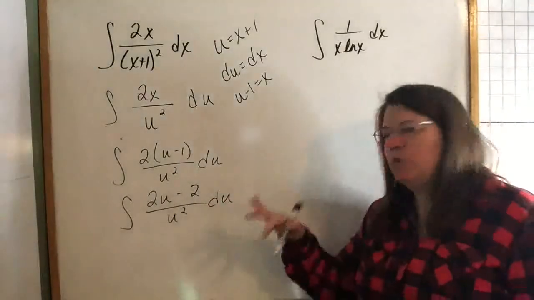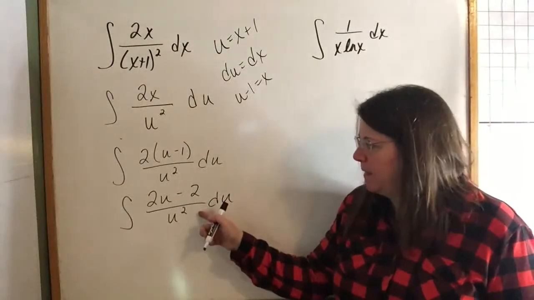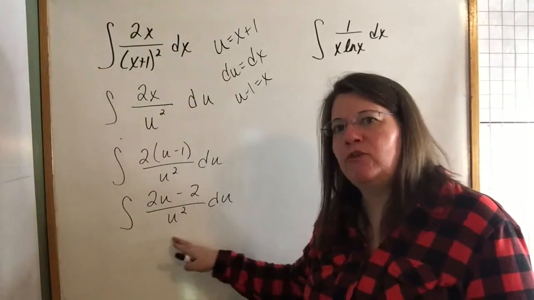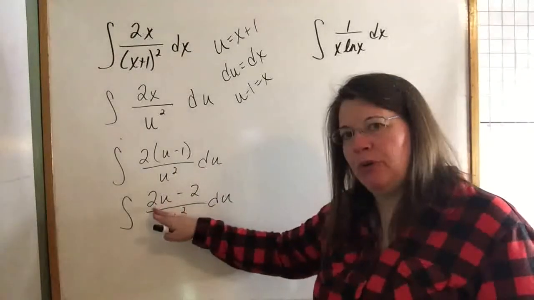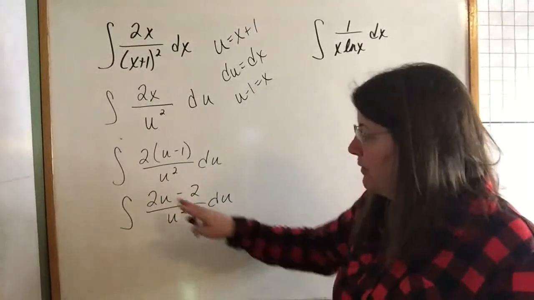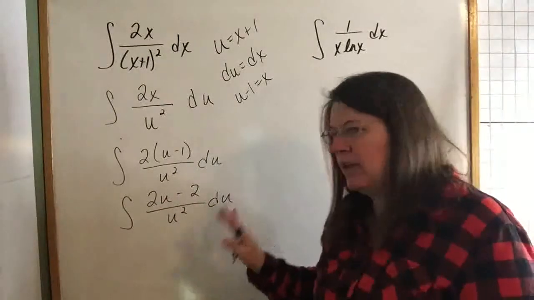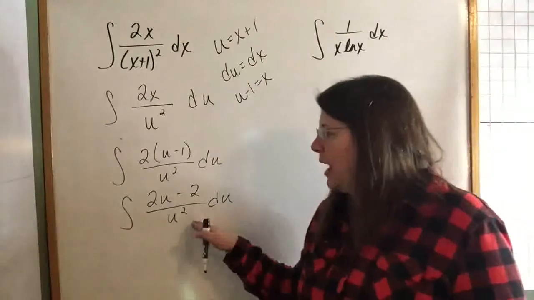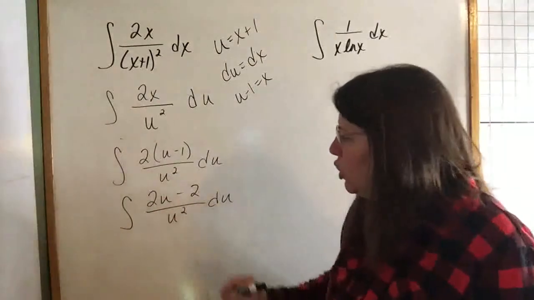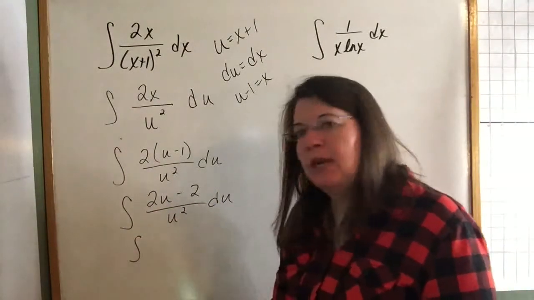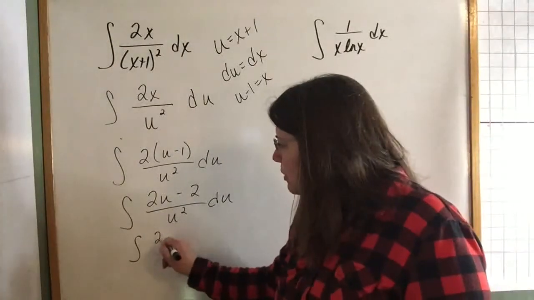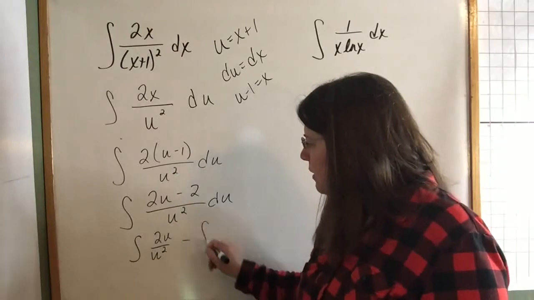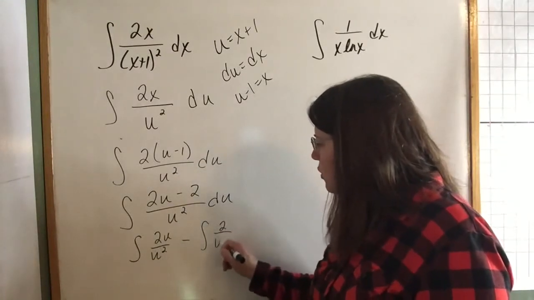Now, this one looks tough. It is not the derivative over the original, right? But if we think about the derivative of u squared, wouldn't that be 2u? So we sort of have the derivative here, but it looks a little bit different than what we need it to be. So if I think about what a fraction like this means, couldn't I separate that out and make it 2u over u squared minus 2 over u squared?